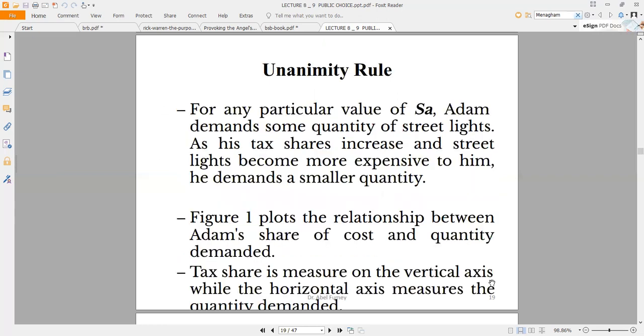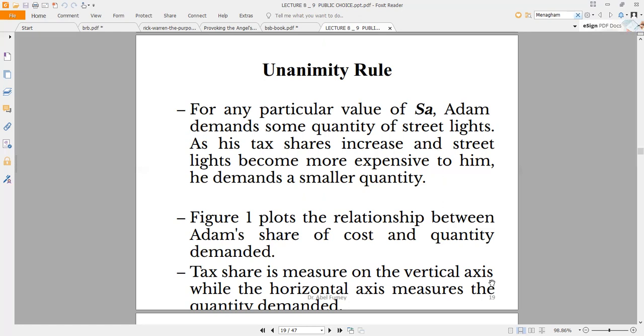Now, for any particular value of SA, that is any particular value of tax share for Adam, you would demand a particular quantity of street light. Now, if Adam wants to pay 20% of the total cost, there's a particular quantity of street light that Adam will need. If Adam wants to pay 30%, then there's a particular quantity of street light that he's going to demand.